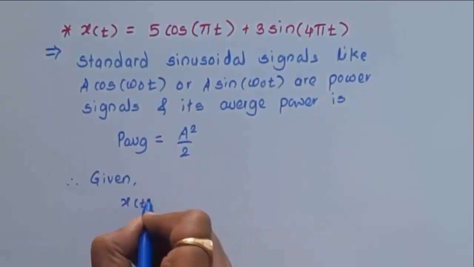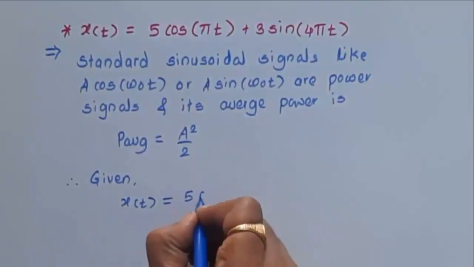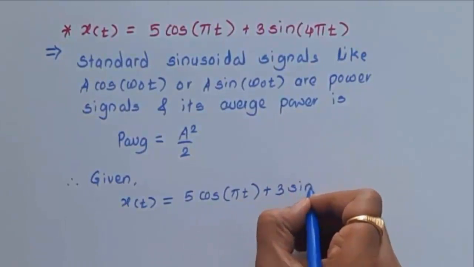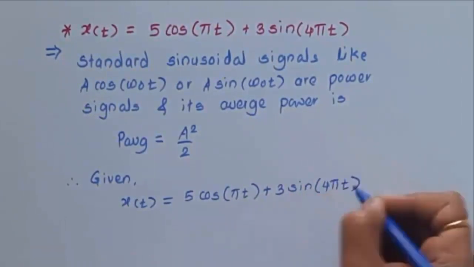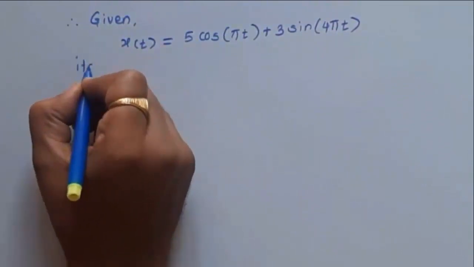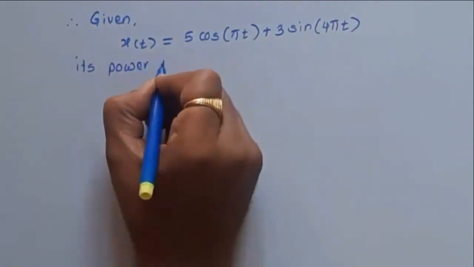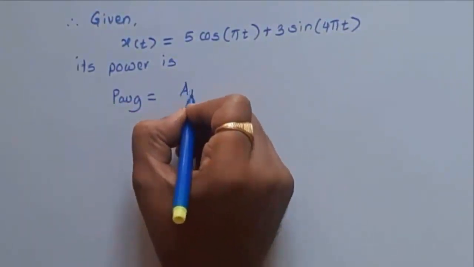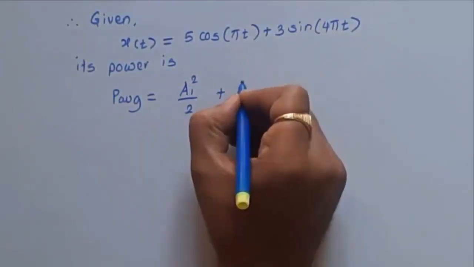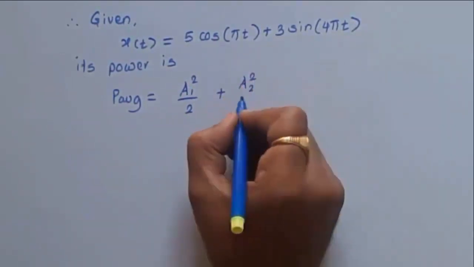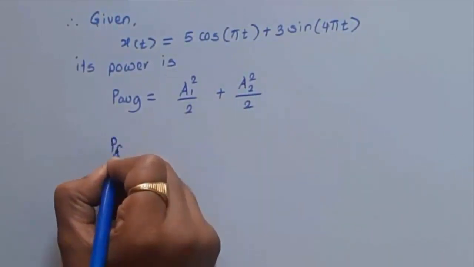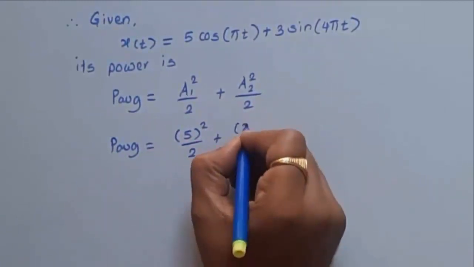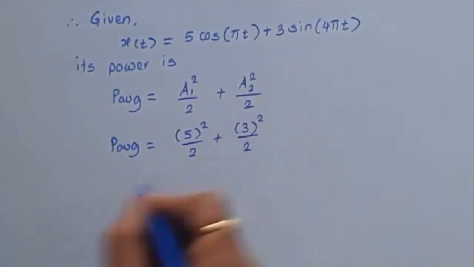Therefore, for the given signal x of t is equal to 5 cos pi t plus 3 sin 4 pi t, the average power is equal to A1 square by 2, where A1 is the amplitude of cos, that is 5, plus A2 square by 2, where A2 is the amplitude of sine, that is 3. So average power is equal to 5 square by 2 plus 3 square by 2.